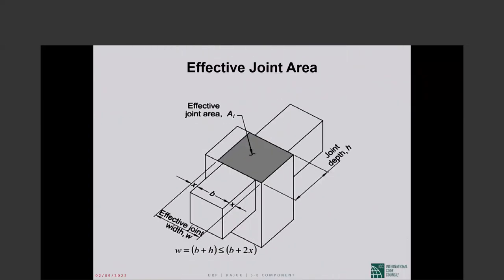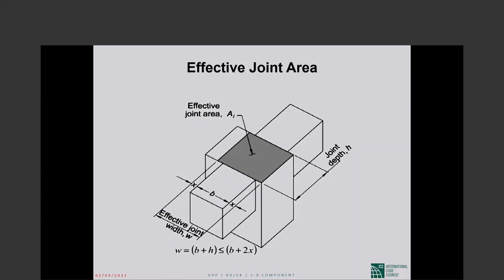Okay, beam column joint, effective area within the joint, A sub j. It is joint depth multiplied by effective joint width. Joint depth is the depth of the column as shown in the picture. The effective width of the joint is the same as the column width when the beam framing in is as wide as the column or wider.